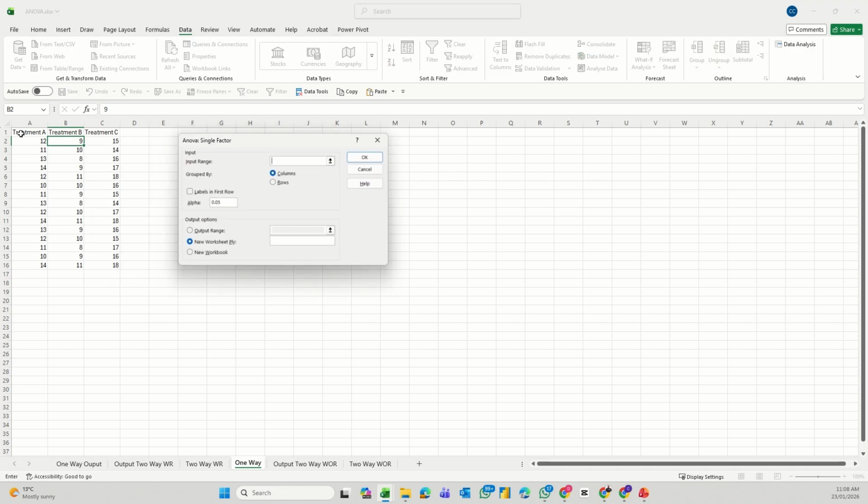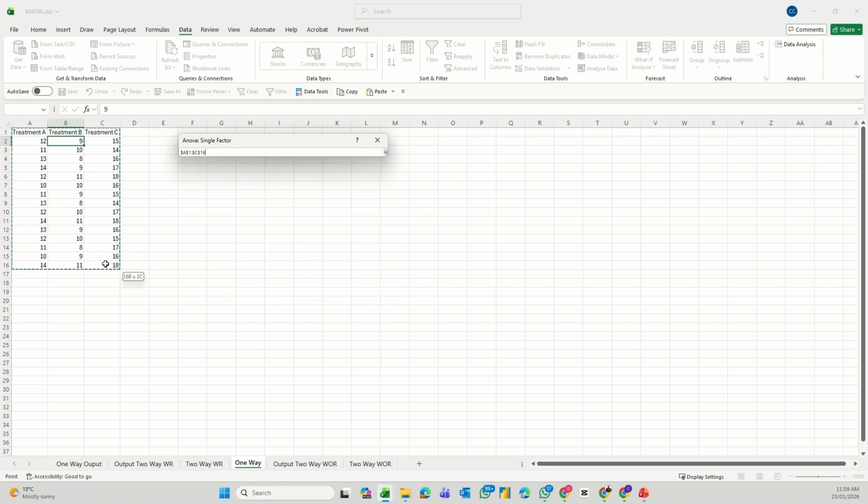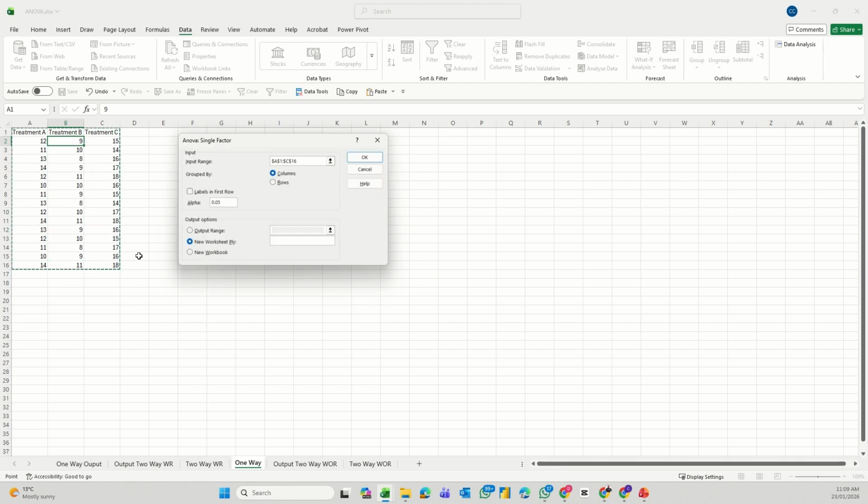You highlight. No, it's for a different problem. They have their separate use cases.